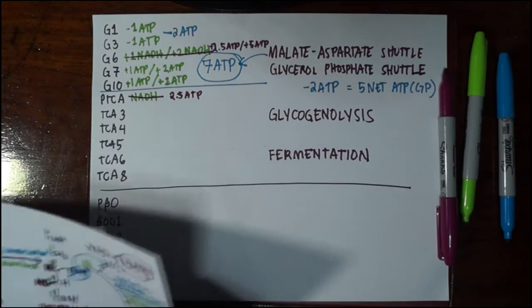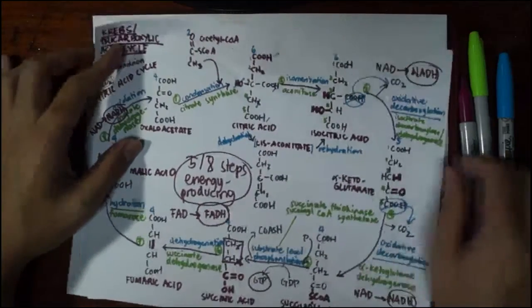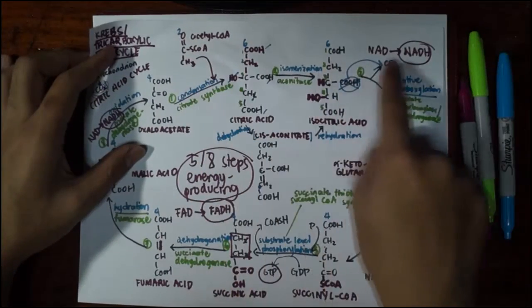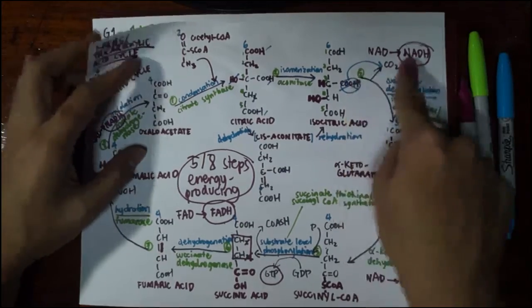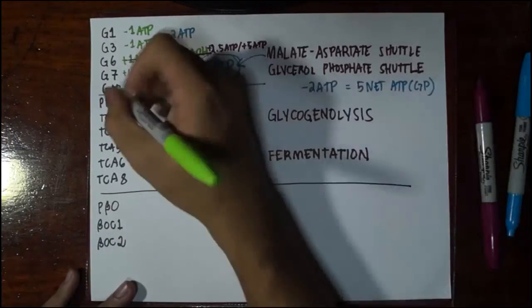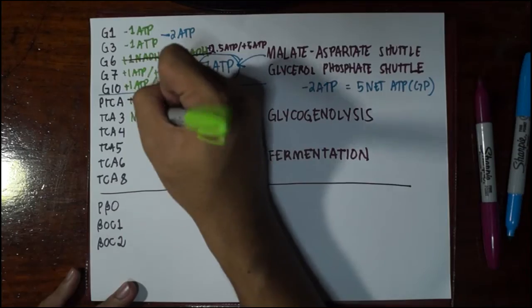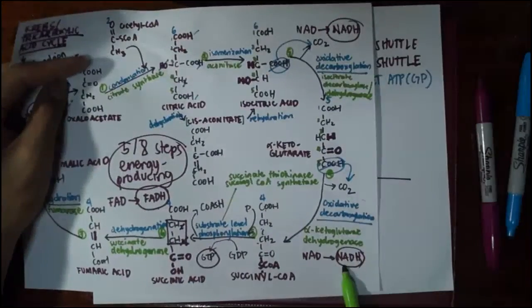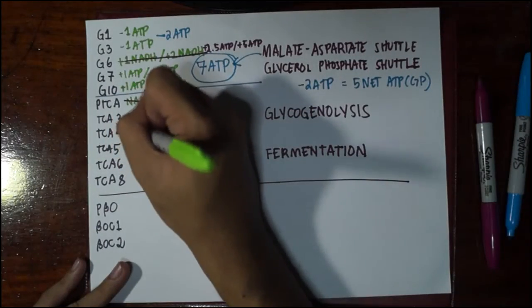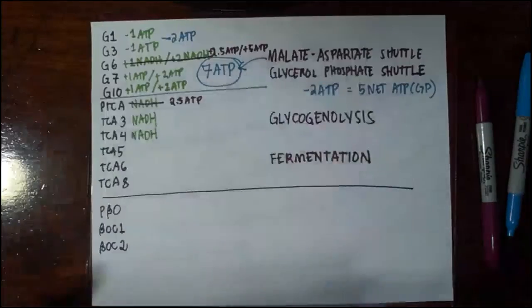Now for the TCA yield, let's go back to the colorful TCA cycle here. The first energy producing step here is step number 3. We have 1 NADH. Then in step number 4, another NADH. Then in step number 5, GTP.